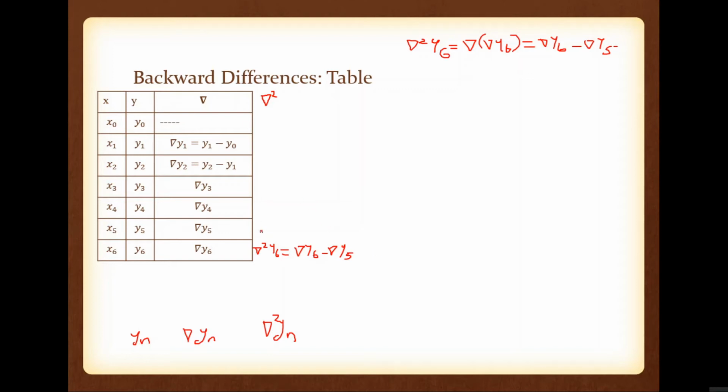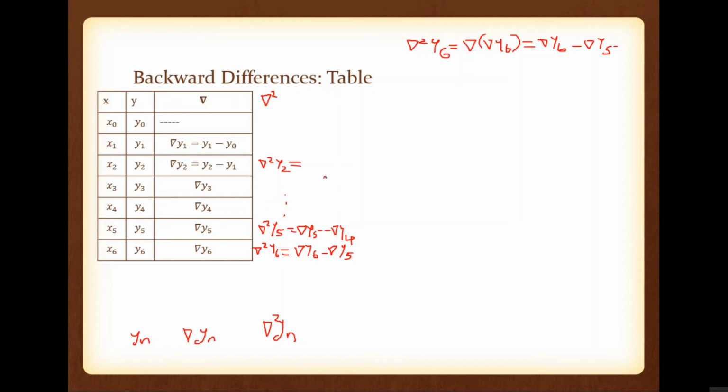Okay. So similarly, what is del square y5? Del square y5 is equal to del y5 minus del y4. That is this data minus the previous data. Etc. etc. What about del square y2?